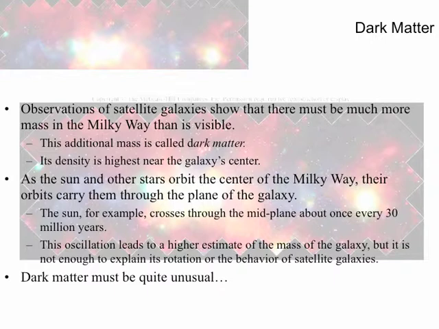So the only thing that scientists have come up with to explain this is the presence of dark matter. This dark matter is thought to pretty much surround the Milky Way galaxy and account for the extra mass that we don't see.